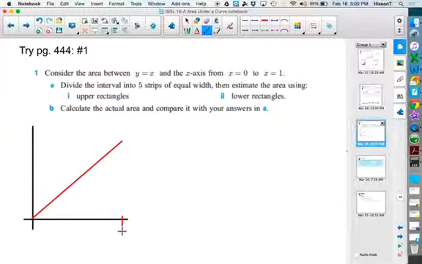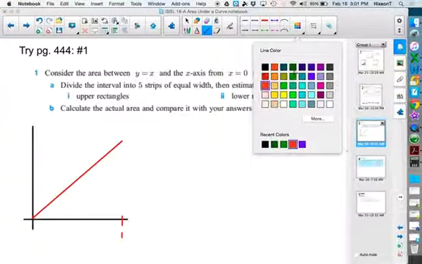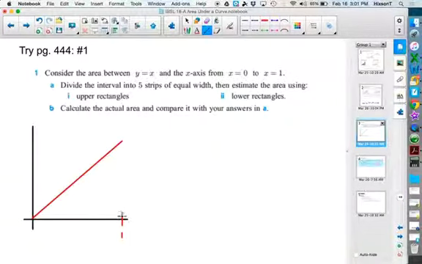So here's our 1. Now, obviously, what shape am I going to get if I go from 0 to 1 and I have this line right here? I get a triangle. So obviously, we could just go ahead and find the area of this triangle.